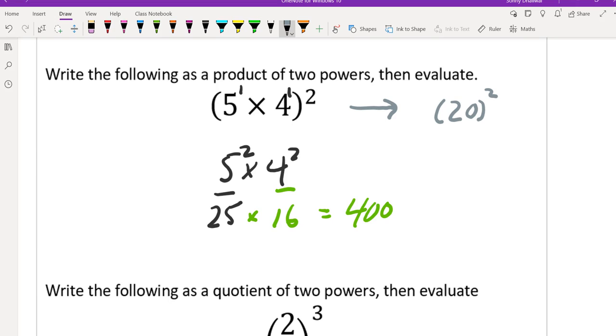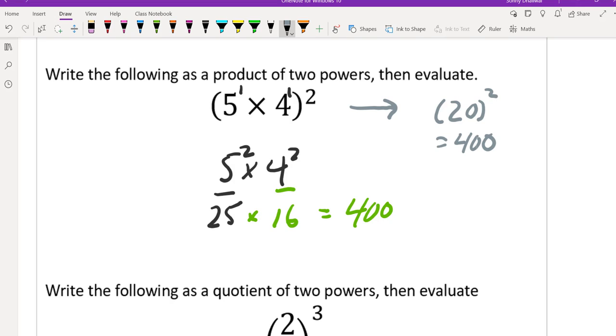And we have the 2 sitting on the outside. Then we go 20 squared. 20 to the exponent 2, what would that equal? 400. The same number. So we haven't broken any rules of mathematics. We've done a parallel approach, which comes in handy depending on what the end objective is.